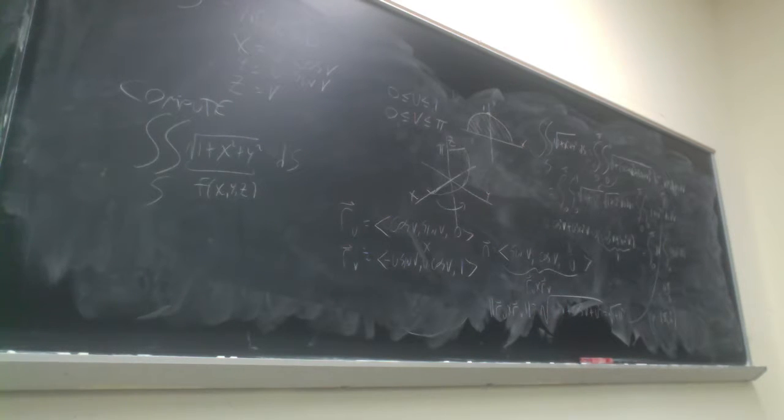So if you have the center of mass of a sheet S, you have some generic warped sheet that has a shape defined by S, its parametric equations.